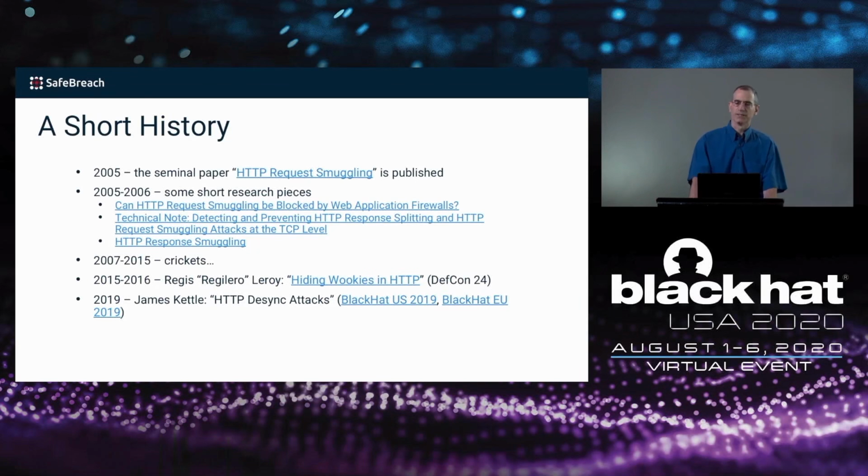There were, of course, vulnerabilities published, but no significant research as far as I know. In 2015-2016, Regis Leroy published his Hiding Wookies in HTTP, reviving the interest in this area. And in 2019, James Kettle published his series of papers around HTTP Desync attacks at Black Hat USA and Black Hat Europe.